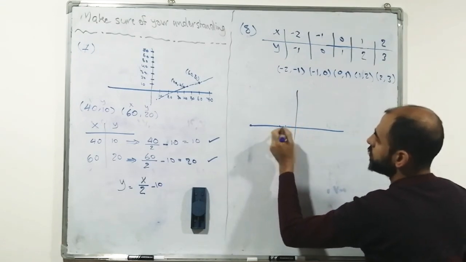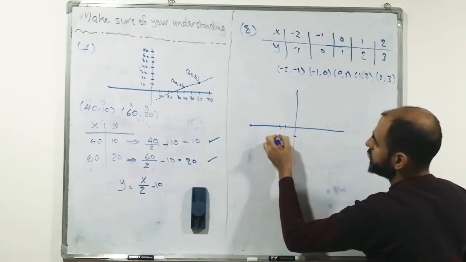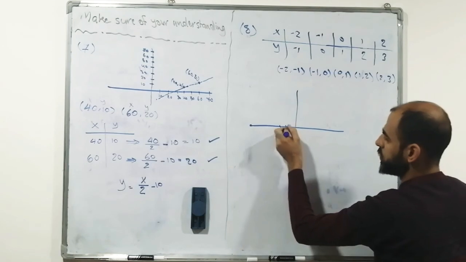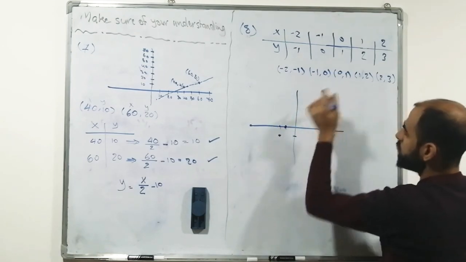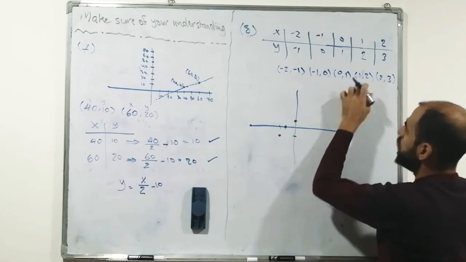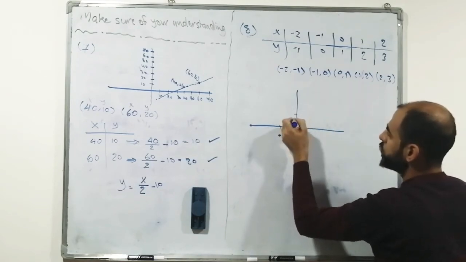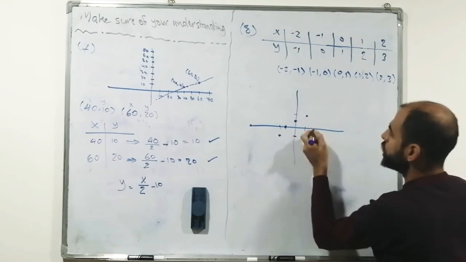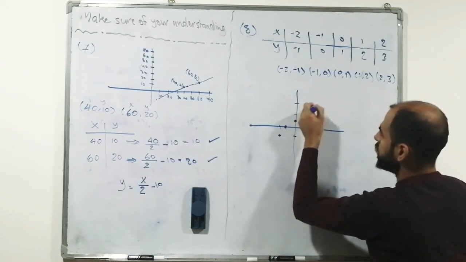Minus 2 we go to the left, minus 1 we go downward. This is the first point. Minus 1 with 0. Here. 0, 1. 1, 2, and 2 with 3.